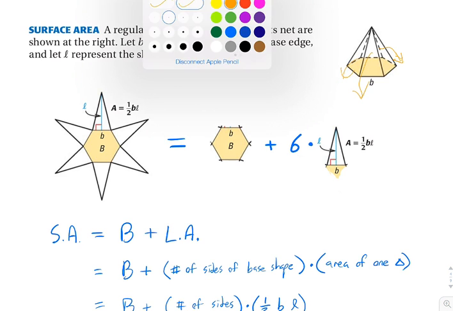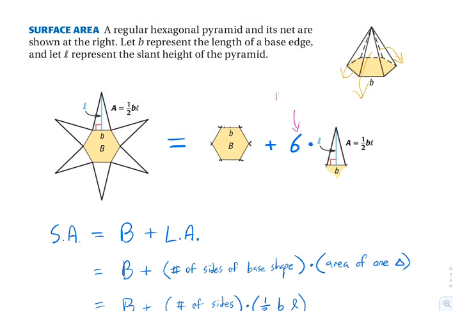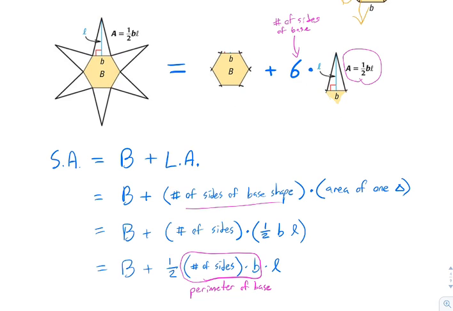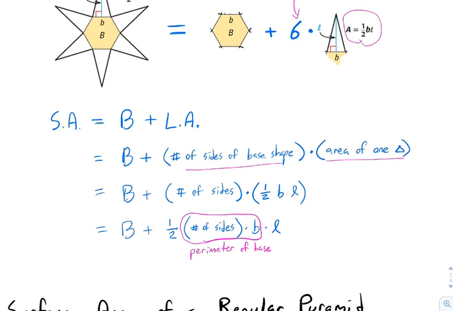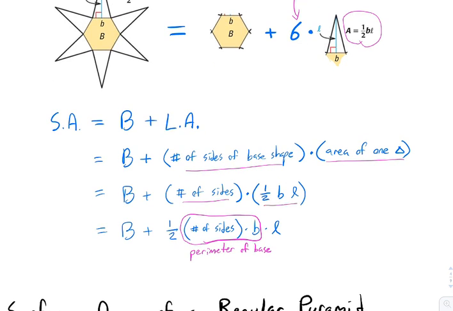Now, this 6 just happens to be the number of sides of the base. And each one is just a triangle, so 1/2 base times height. If we write that out, it's the number of sides of the base shape times the area of a triangle, or number of sides times 1/2 times B, where B is a single side length of the regular base shape.